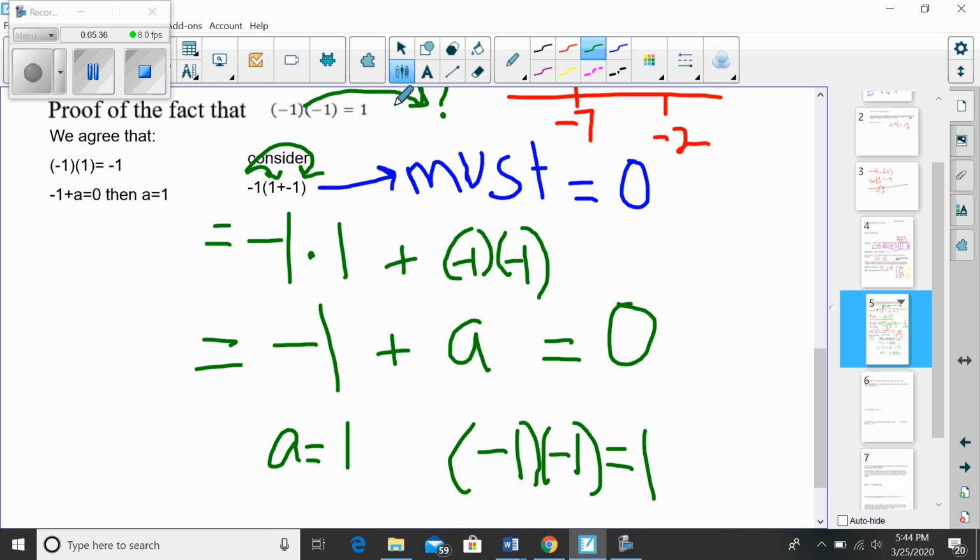So this is a result, and again, this is a very abstract idea. Why should -1 times -1 be +1? But it has to happen in order to be consistent with the rest of mathematics.